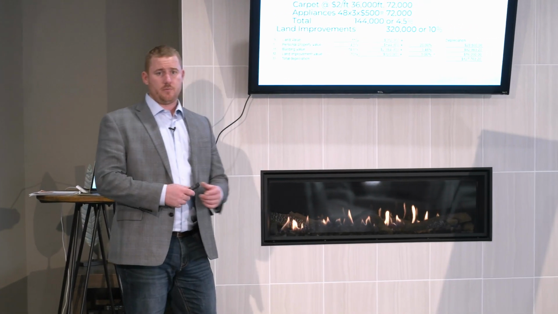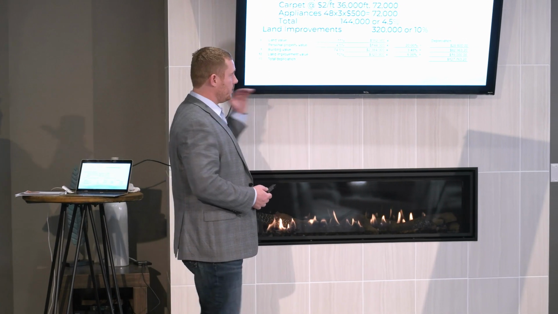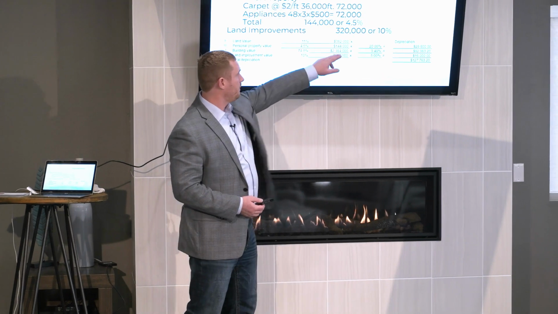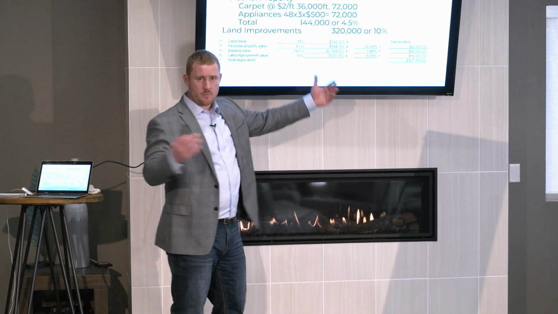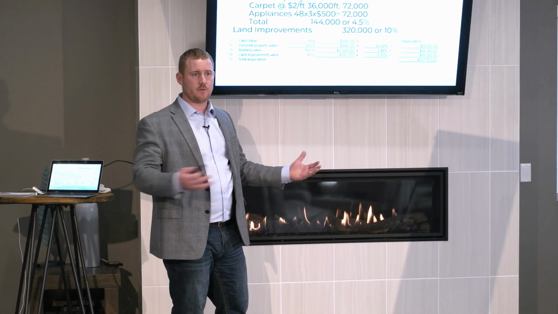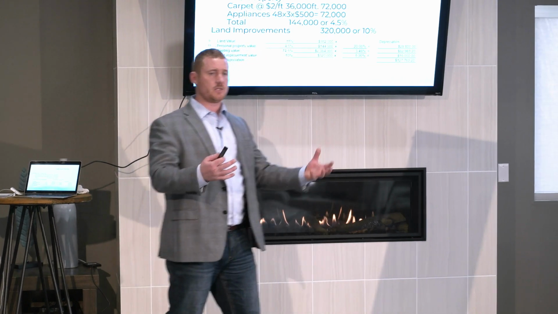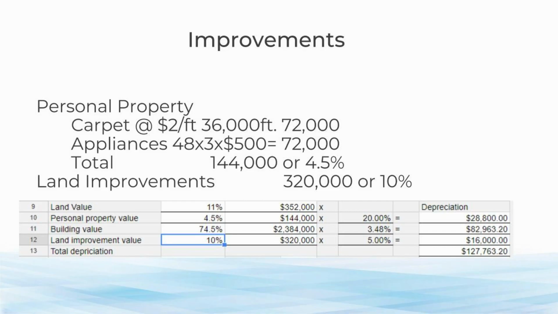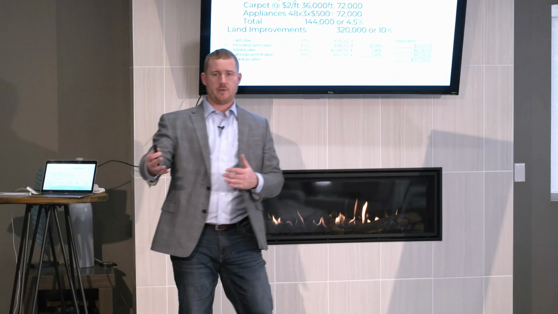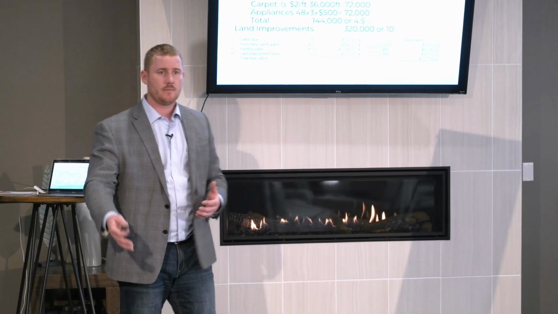Our last step in the depreciation, if you remember, is to calculate a cost. Land, remember, doesn't depreciate, we don't get any tax benefits for land. That's why farmland and stuff doesn't have the tax benefits. For personal property, this is the value, $144,000. In the first year, based upon the IRS tables, we get to take 20% of the value.